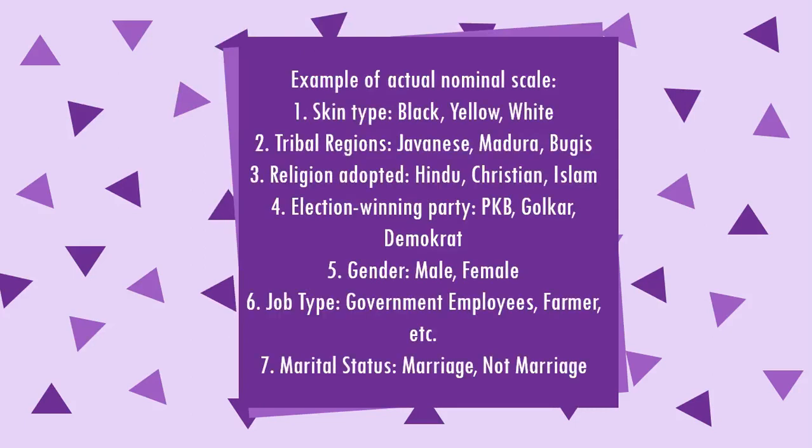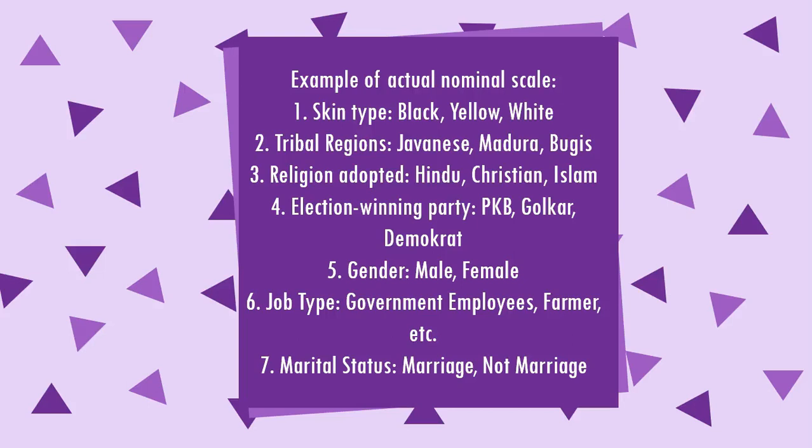Examples of actual nominal scale. 1. Skin type such as black, yellow, white. 2. Tribal regions such as Javanese, Madura, Bugis. 3. Religion adopted such as Hindu, Christian, Islam. 4.